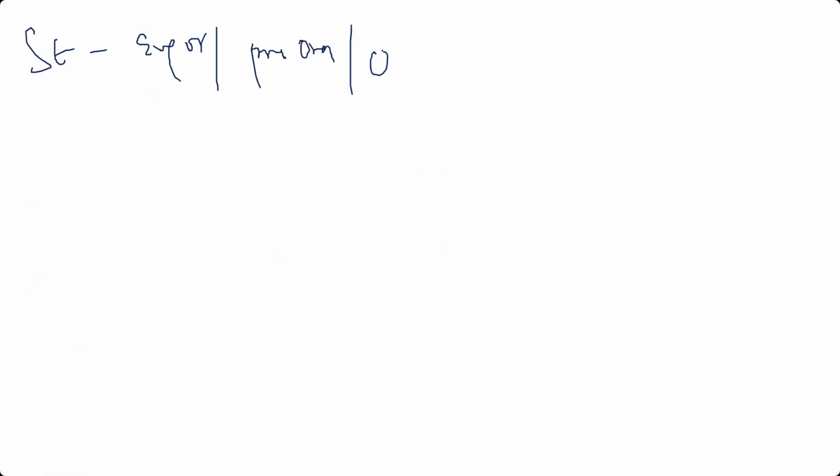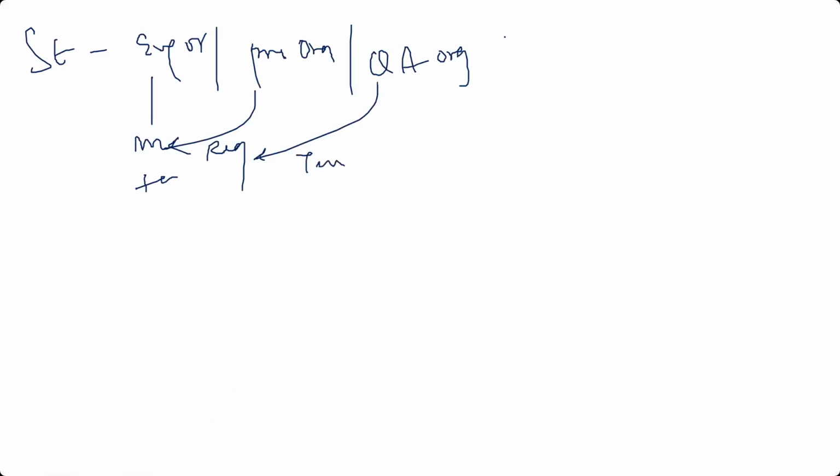To summarize, a typical software team will have an engineering org, a product org, and a QA org. You can refer to the notes for the diagram. There will be engineering managers and teams. The product team will give requirements, the QA team will do the test, and the release team will release the product.